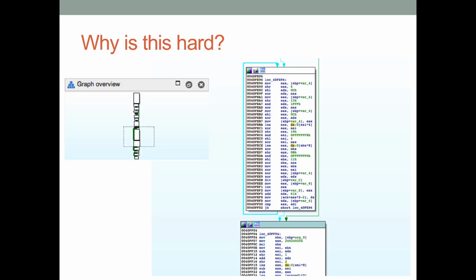So why is this difficult? Why is this hard? What you can see here is a screenshot out of IDA Pro, and we're looking at a couple of different views. The one on the left is the overview, showing us the big picture of the function I was looking at at the time of the screen capture. What you see on the right is what's called graph view. Graph view in IDA Pro shows us blocks of code that are somehow related.